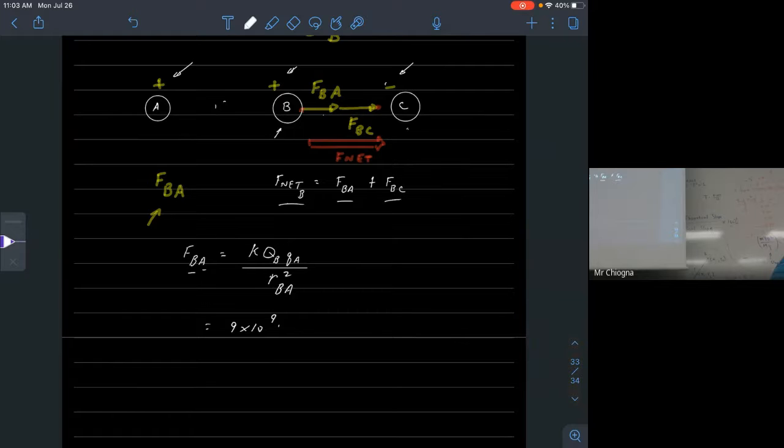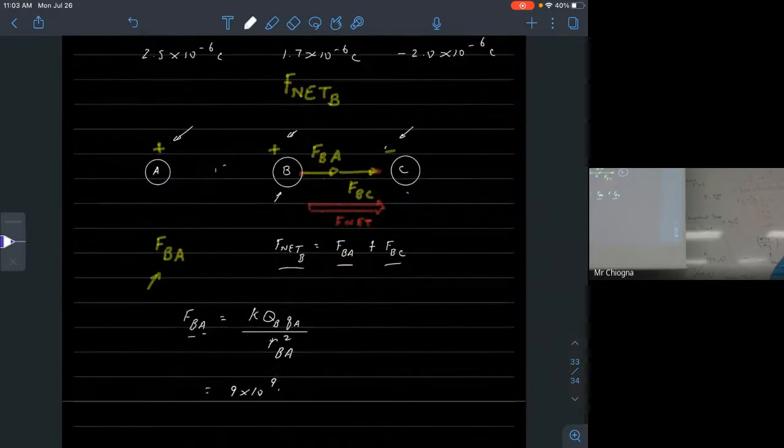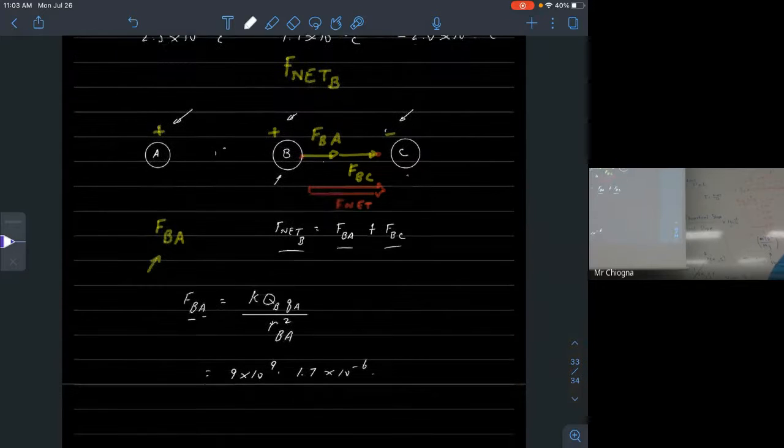So B is, what do we say? It's 1.7, right? Doesn't matter the order. It's like 2 times 1 is the same thing as 1 times 2. And A, what do we say? It was 2.5.